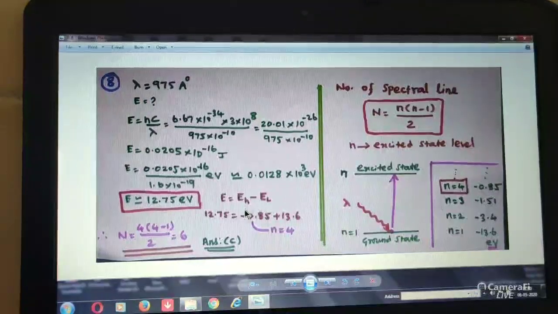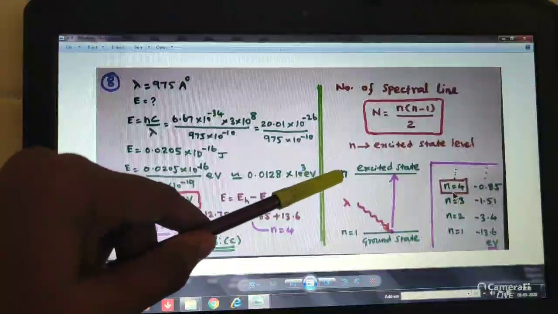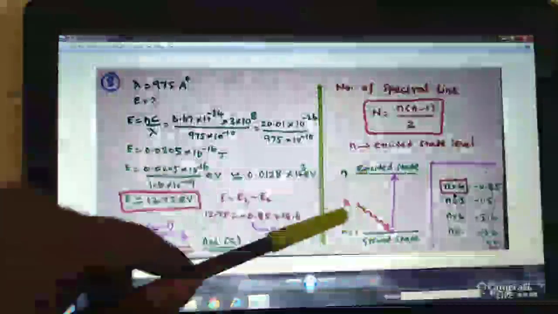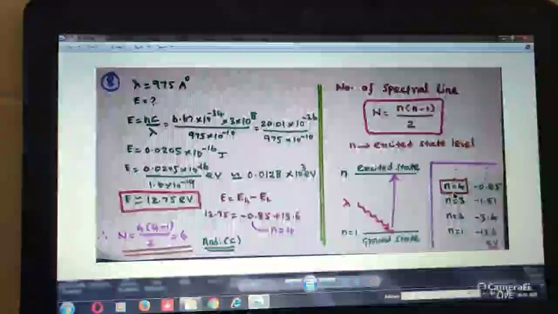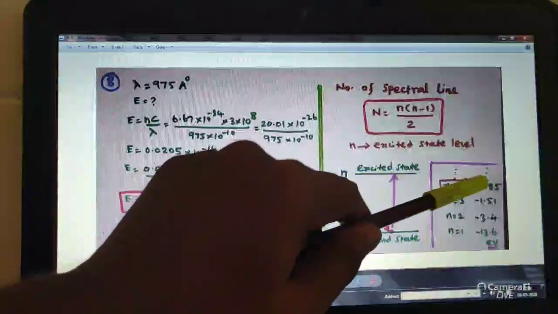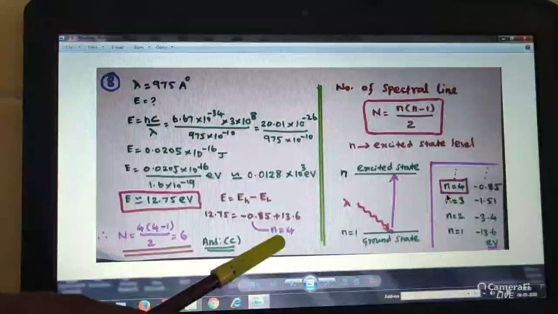So absolutely the higher level we can find is minus 0.85, which is equal to the fourth level. That excited state is the fourth level. So here this is n1, and this is the fourth level, because the energy difference value of 12.75 comes from this level only. This energy value is minus 0.85. So now we can find n value is equal to 4.